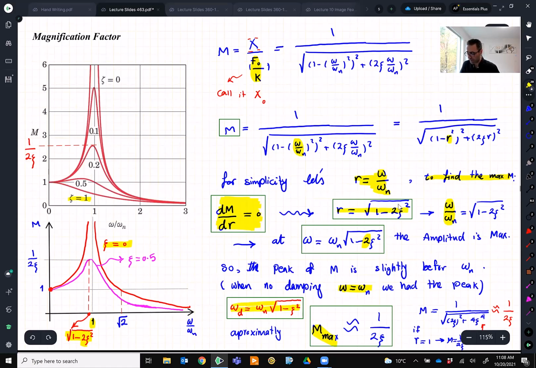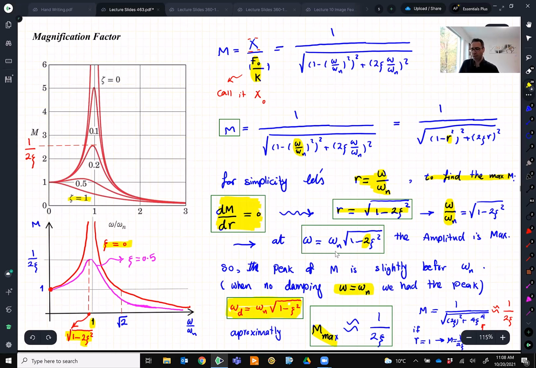I emphasize again here, omega d is this function and has no business in our discussion here. Okay. So this is where the maximum happens, at this omega, which is slightly below 1. So that's why we still consider omega equal to omega n as the resonance.